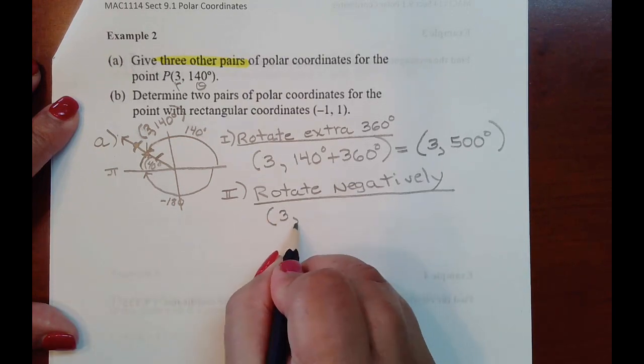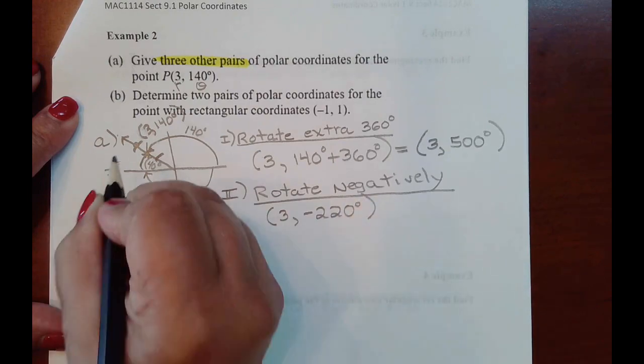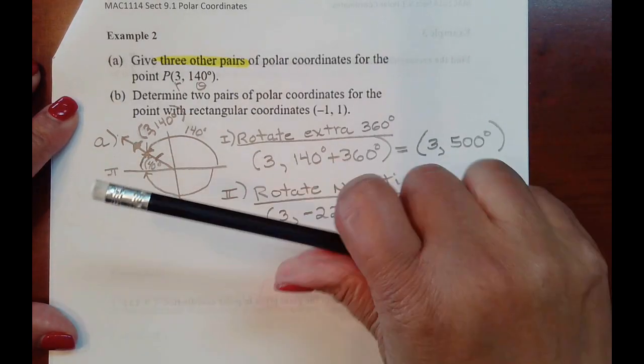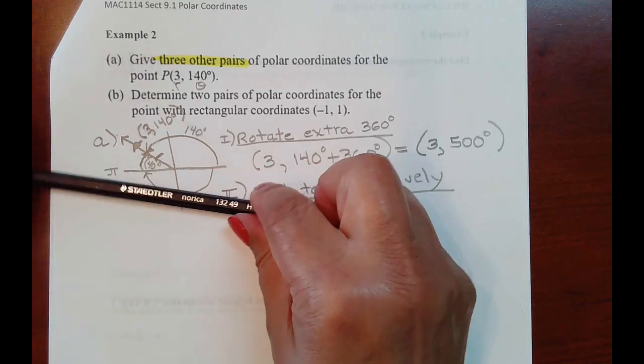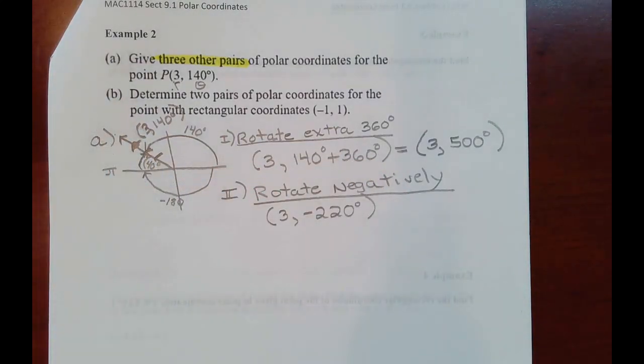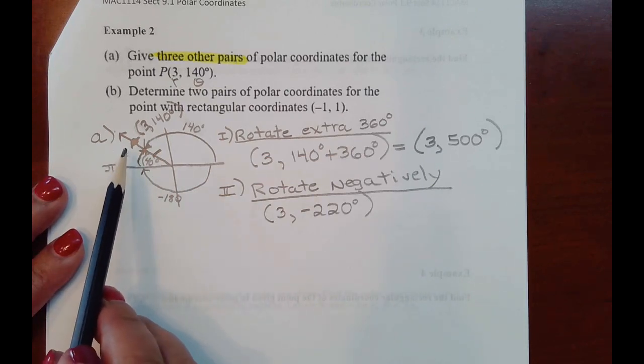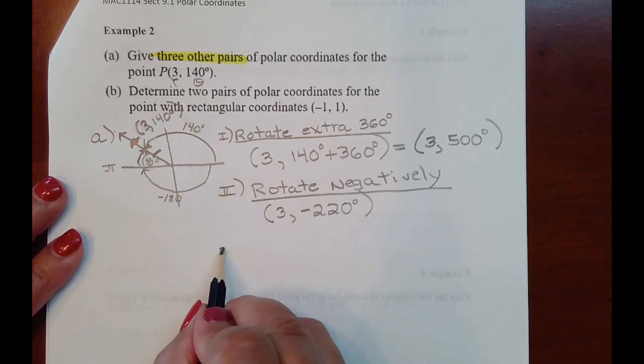So 3, negative 220 would put me right smack dab on that point. You'd rotate negative 220, you'd be right there, and then you would hop out a distance of 3 units on that rotated arm. Okay, you're just thinking of different ways to rotate to land right on that same point.